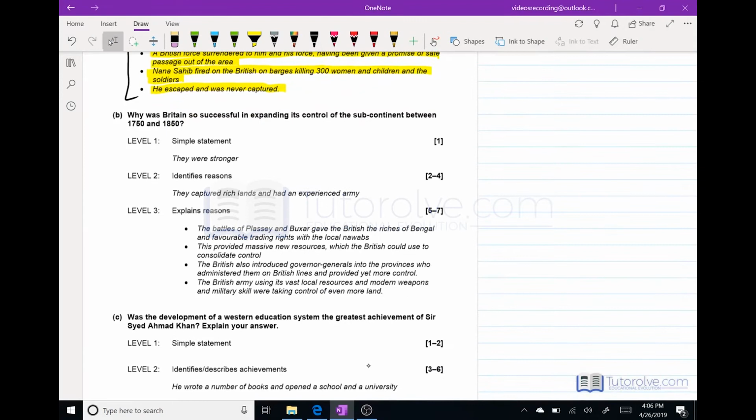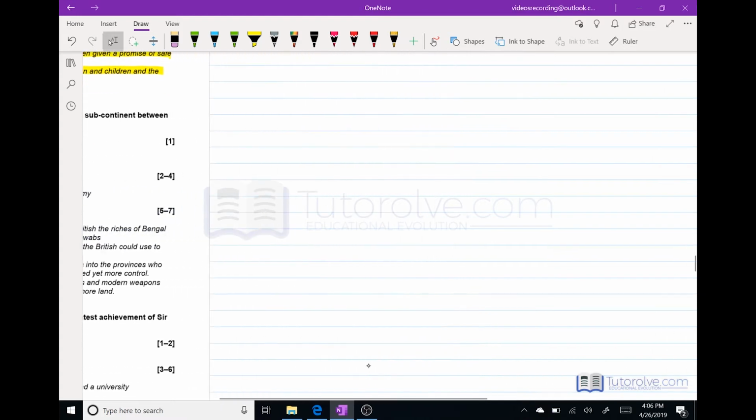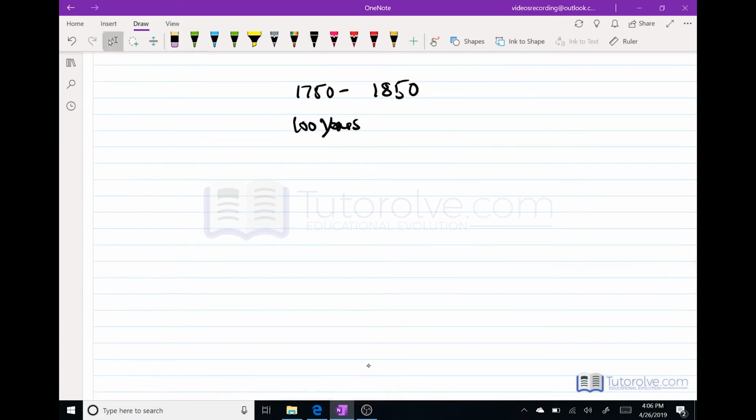Why was Britain so successful in expanding its control of the subcontinent between 1750 and 1850? So now again, this is a whole period of 100 years in which Britain took control.